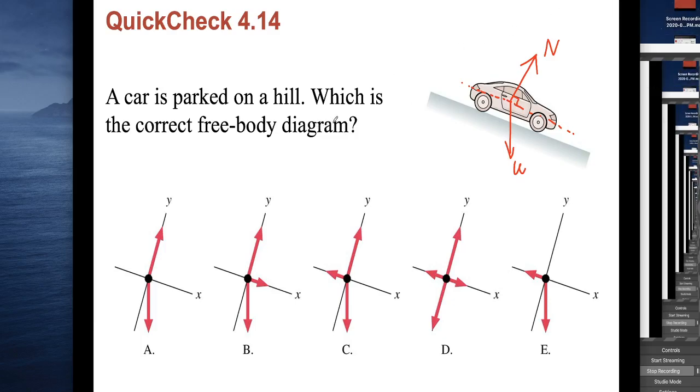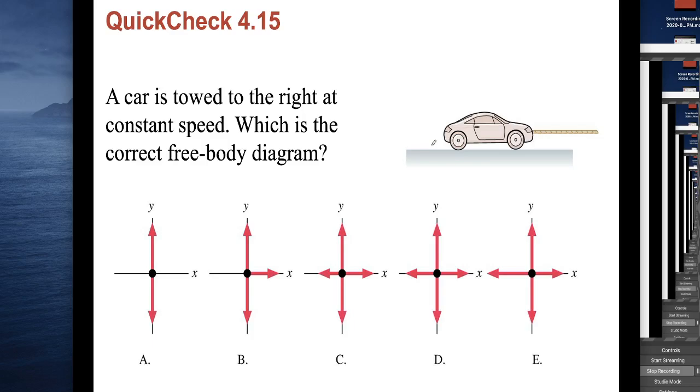Okay, so the car is stopped here. That means there's some friction. Because imagine that if there's no friction, what would happen? The car will go down. So actually the friction plays a role to stop the car. Okay, so that is all the forces. Did you get it correct?